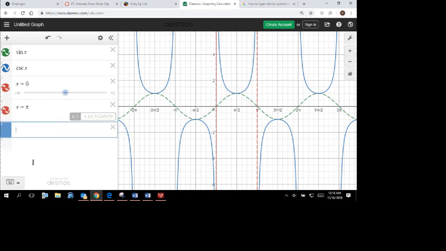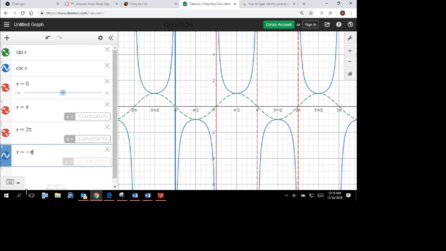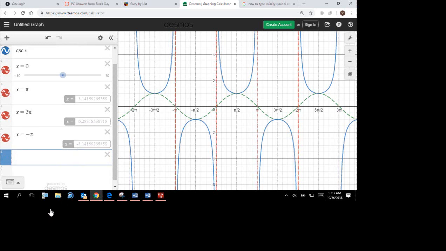Is there another one at negative something? It's a lot of asymptotes. Isn't there a line on your paper where you have to fill in what the asymptotes are? Are there any more?